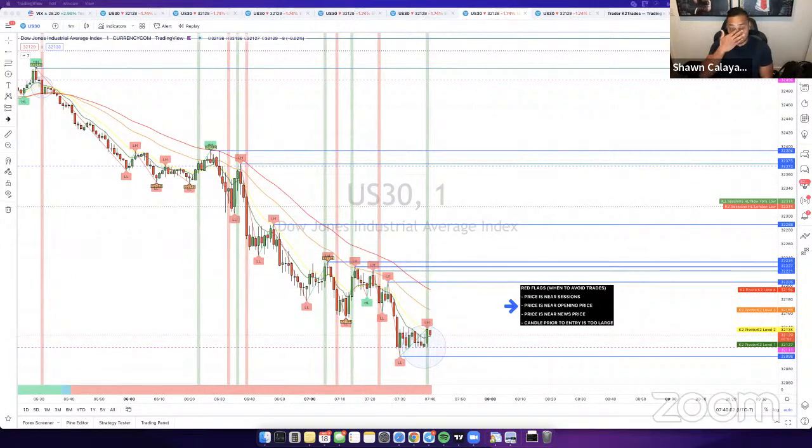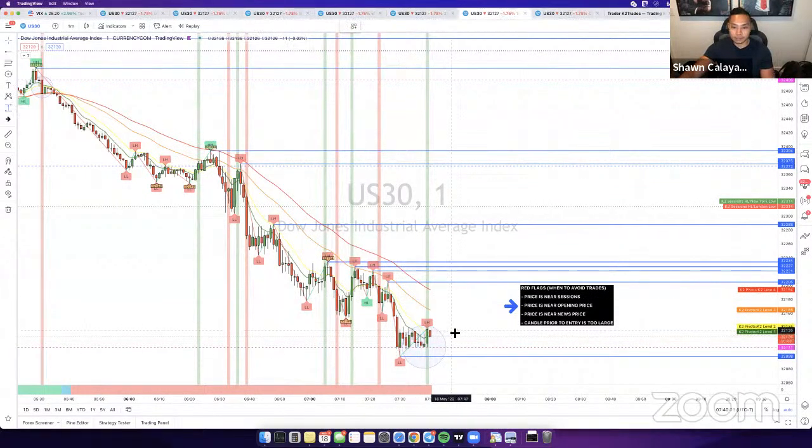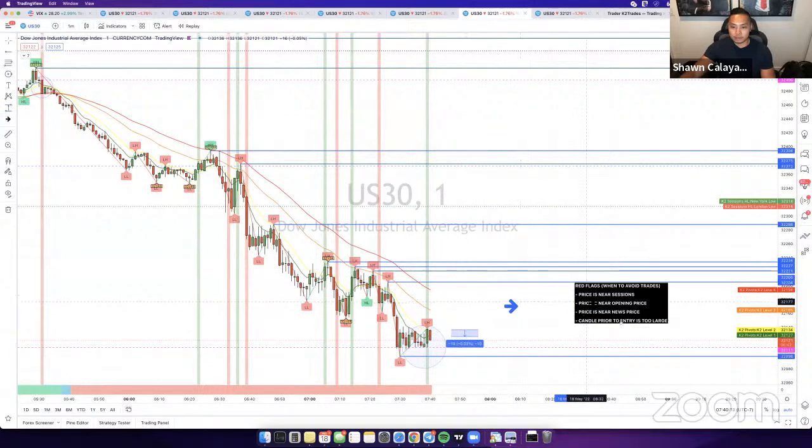So say, for example, you go into a position for 100 pips. I'll just show you here. Say your TP is 100 pips, right? This is what you're trying to go for. But say your spread is 400 pips, right?